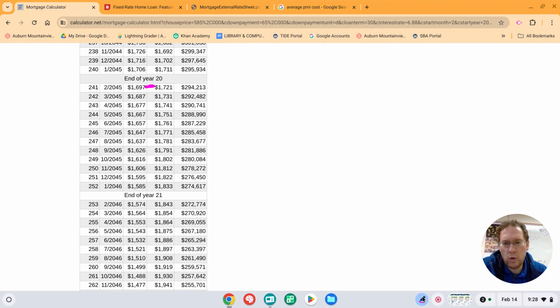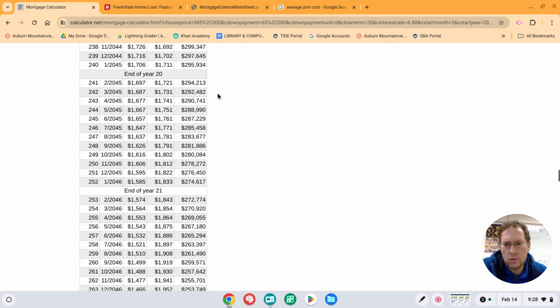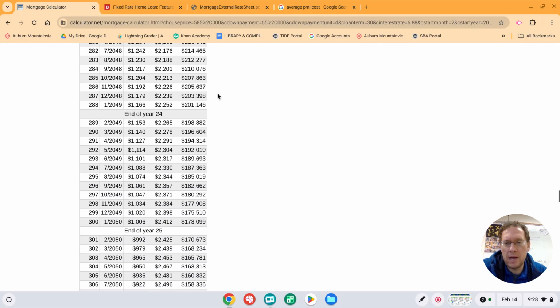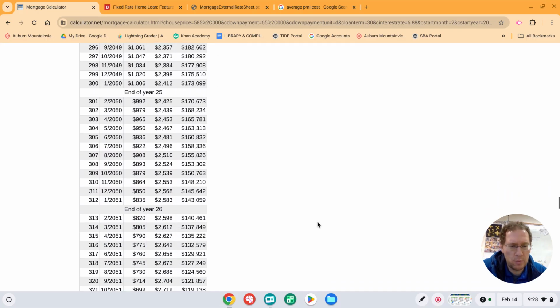So after year 20, because this is only a 30-year loan, we're going to accelerate the amount in the principal payments. Again, principal payment year 25, now $2,400 is going toward the loan. This is how much is left on the loan, and this is the amount that triggers your interest.